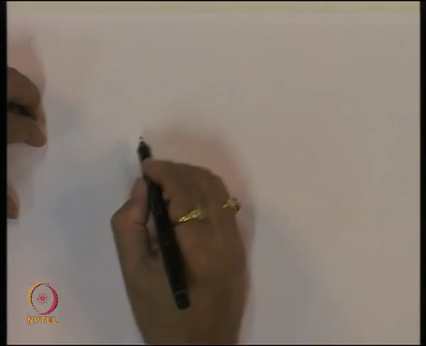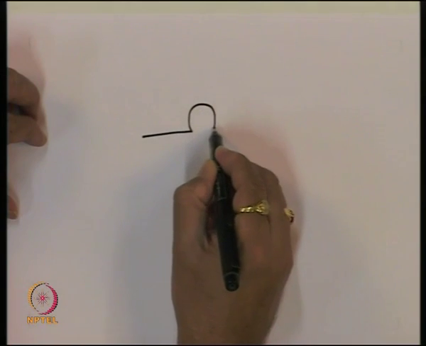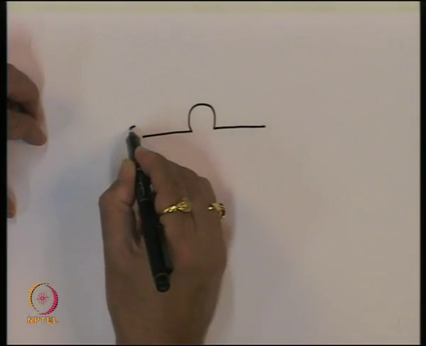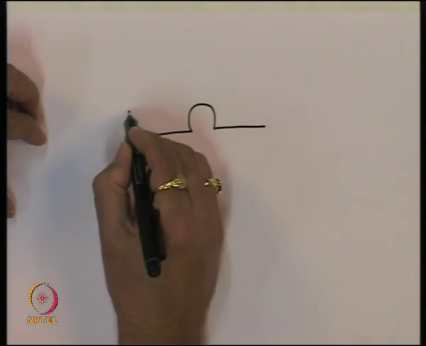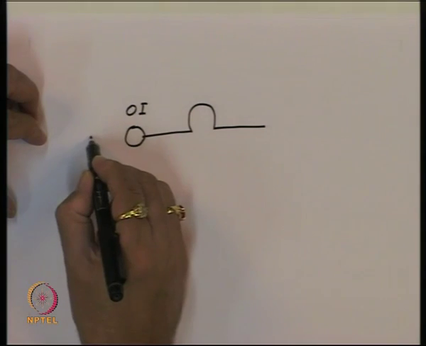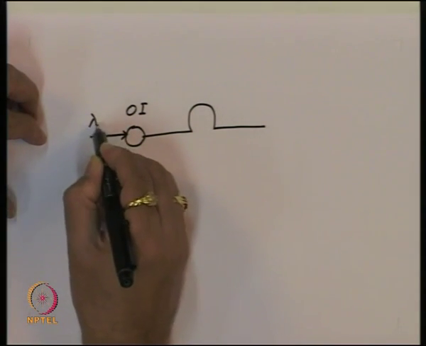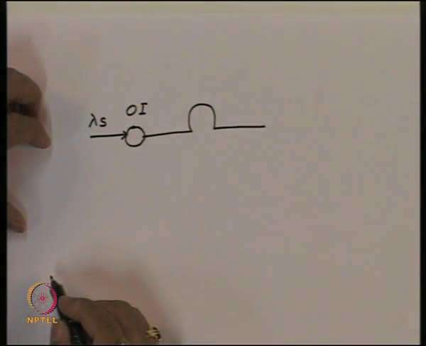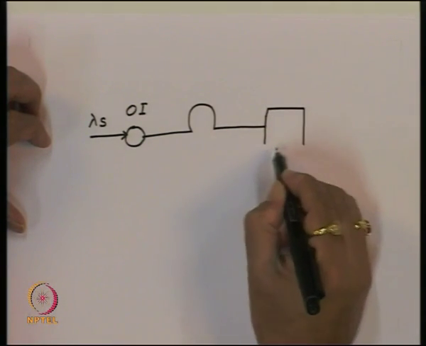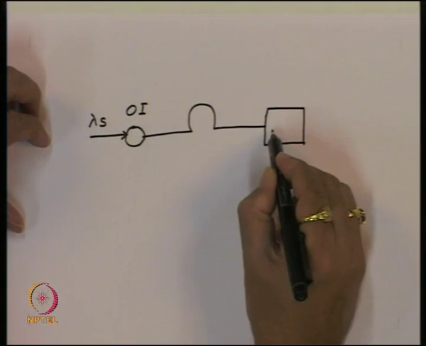The other scheme which is opposite of this, that we have this EDF and we put the signal from this direction. This is your optical isolator. I put the signal from this side, which is lambda s, and the pump is supplied in the opposite direction.